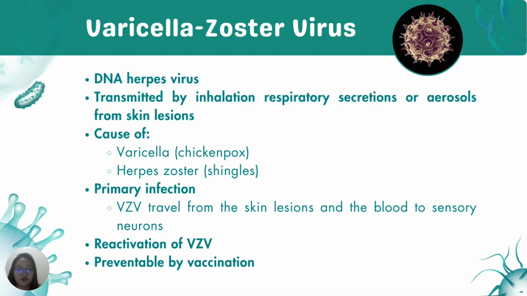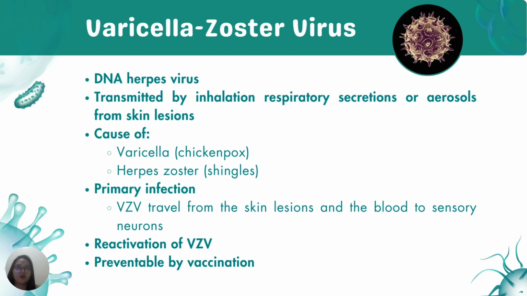In the primary infection, the varicella zoster virus travels from the skin lesions and the blood to sensory neurons, as I mentioned, which is what happens in herpes zoster. So there is reactivation of VZV. When we say reactivation of VZV, it means even if you had chickenpox in the past, it can still be reactivated, especially if you are an immunocompromised individual.